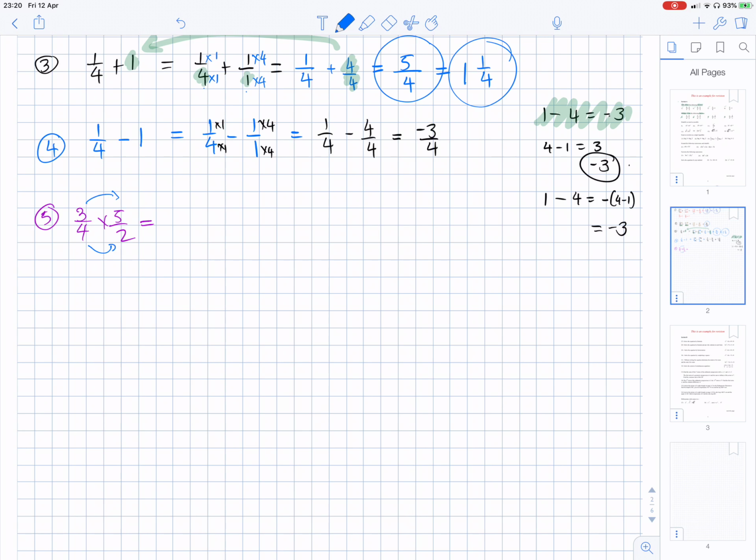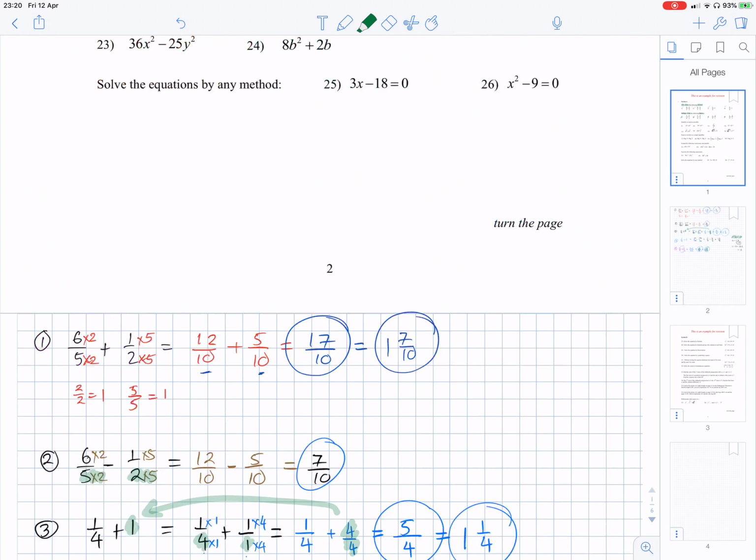So at the top we have 3 times 5, and at the bottom it's 4 times 2, which comes to 15 divided by 8. And this can be written again as 1 and 7/8. So either this or that would be your answer. Okay, so that's number 5 done.